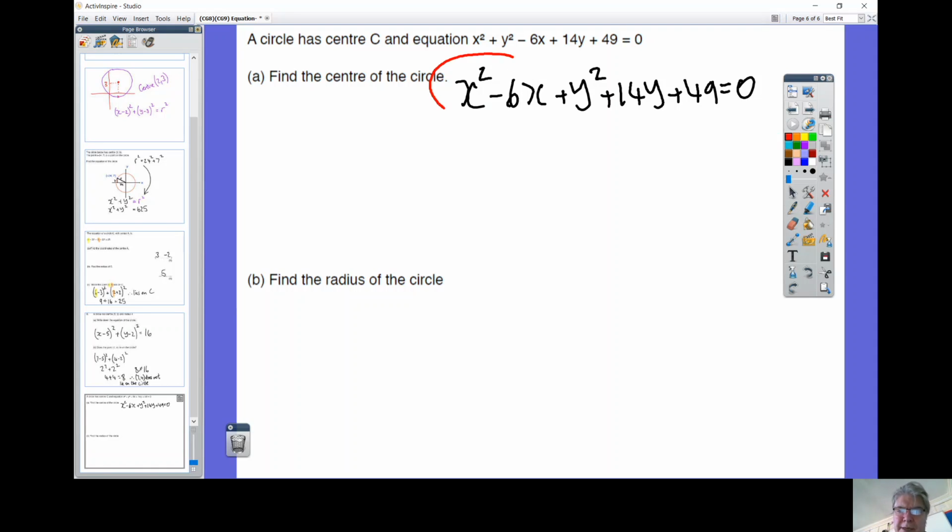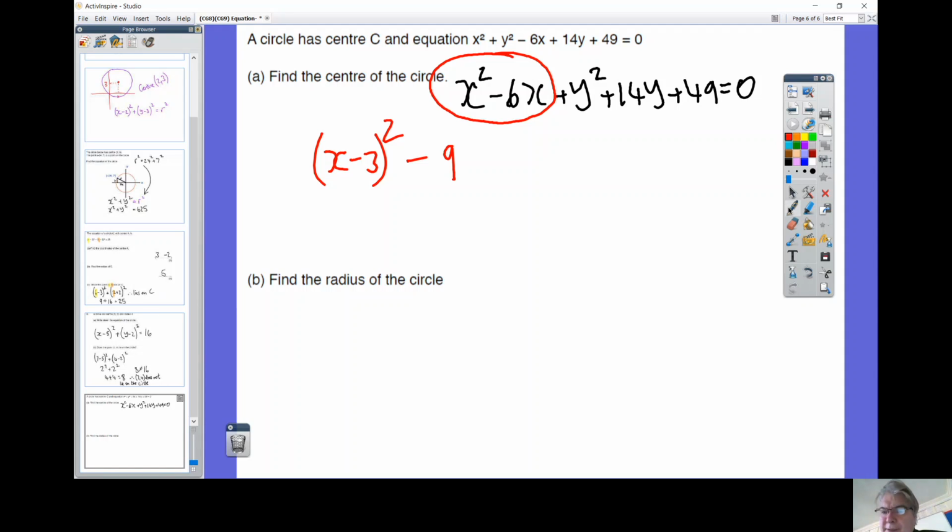So I'm just going to do this bit in red. So when I get x squared minus 6x, I get x minus 3 all squared, and I'm minus 9. Just make sure you can all remember how to do that. We've halved the minus 6 to get minus 3. So that bit in red is the same as the circle bit in red.